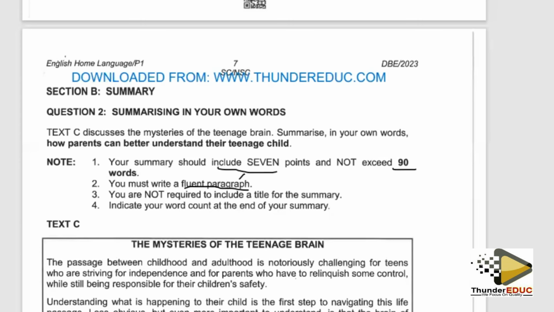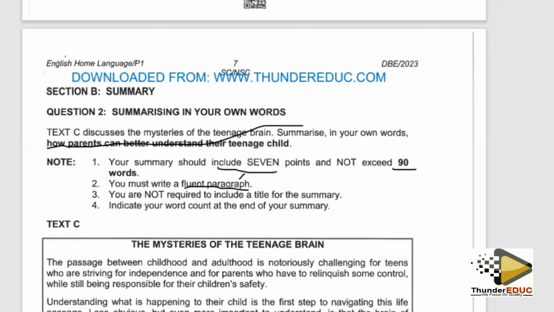So we are coming in. This is highlighted for you. They highlight it for you so that it can be clear that this is what you're going to deal with: how parents can better understand their teenage child.